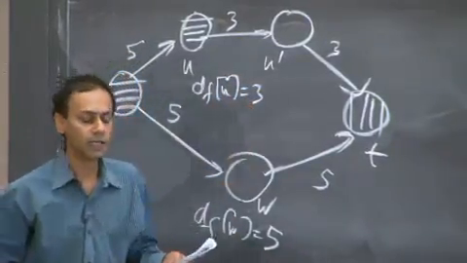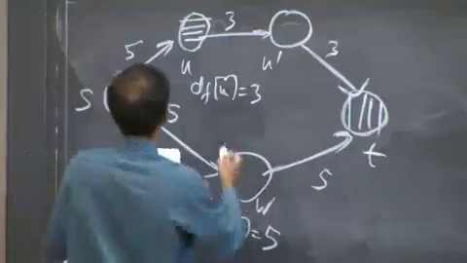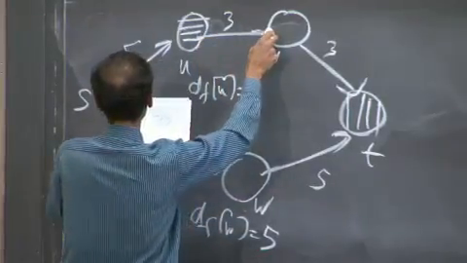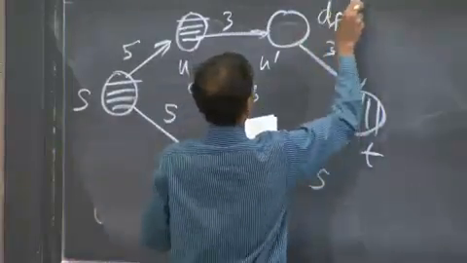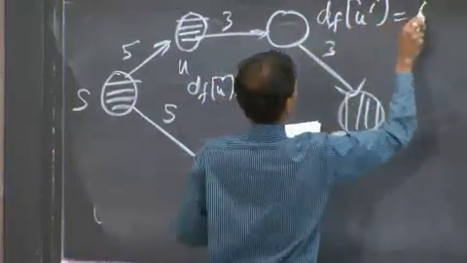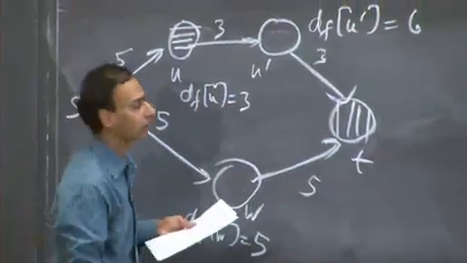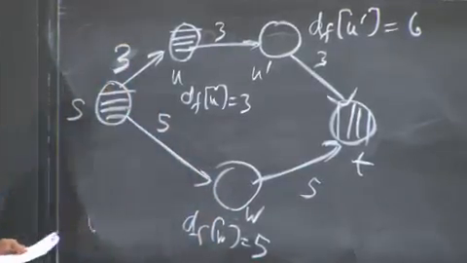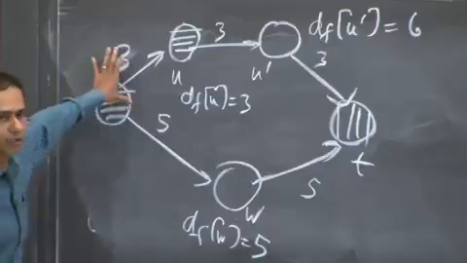So extract min is obviously going to pick U, and it's going to process this edge now after extract min. And I'm going to have dF of U prime equals 6. Oh, there's a 3 over there. Thanks. Good. So far, so good?